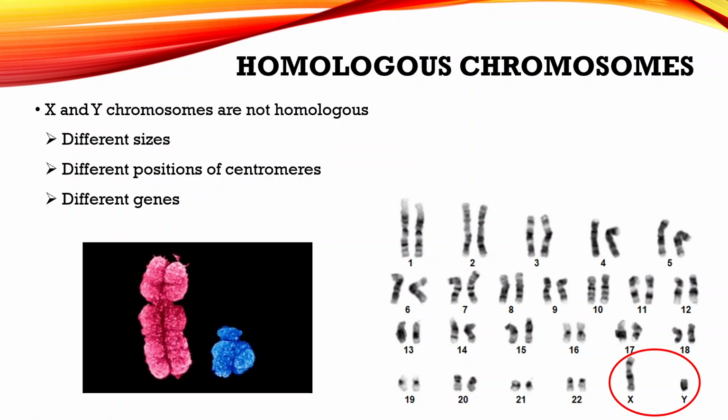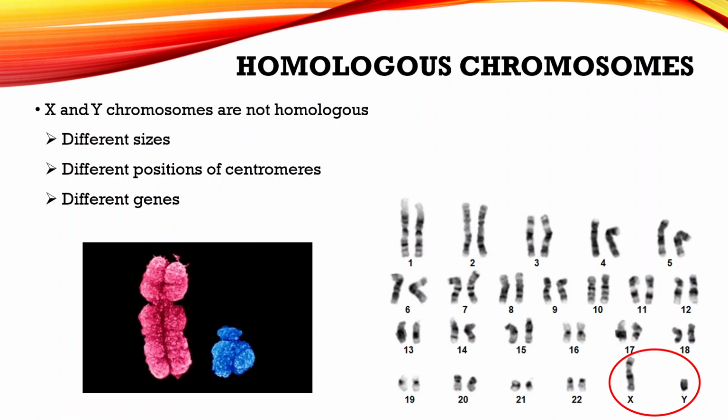For the X chromosome, the centromere is the thinner part, the constriction that you see right here. It's not exactly in the middle, but at least close to the middle. But for the Y chromosome, the centromere is quite near the end of the chromosome. So different positions.